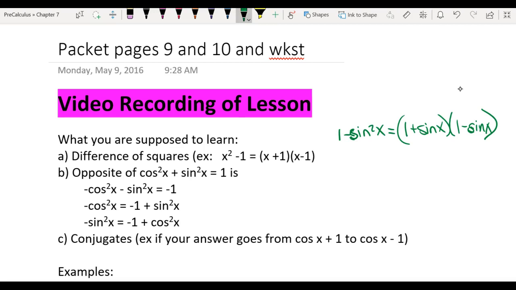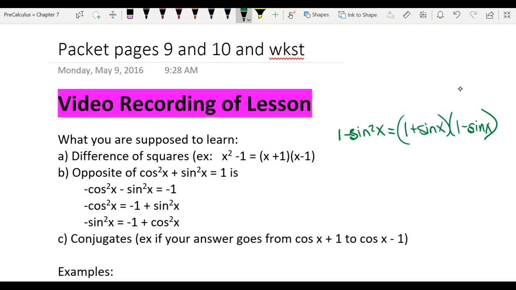And then the final one is conjugates. Okay? That if you see something like cosine of x plus 1 and you're stuck, try multiplying the top and the bottom by cosine of x minus 1 and see what that gets you. Okay? So a conjugate is just changing the middle sign in a set.